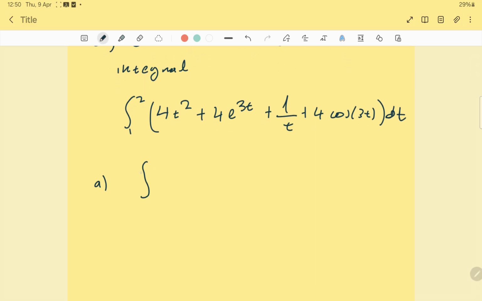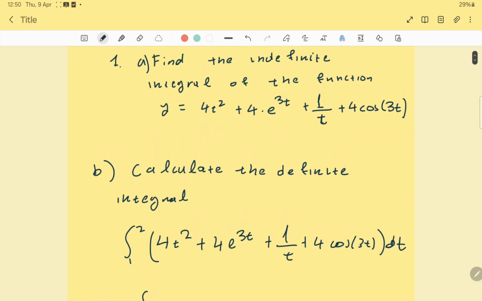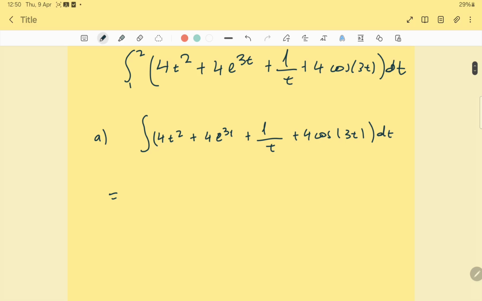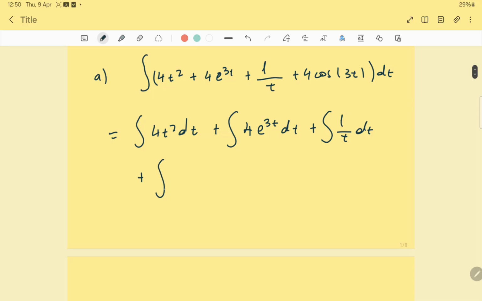We want to find the indefinite integral of this function. We can split this into different integrals. The integral of 4t squared dt plus the integral of 4 e to the power of 3t dt plus the integral of 1 over t dt plus the integral of 4 cos 3t dt.